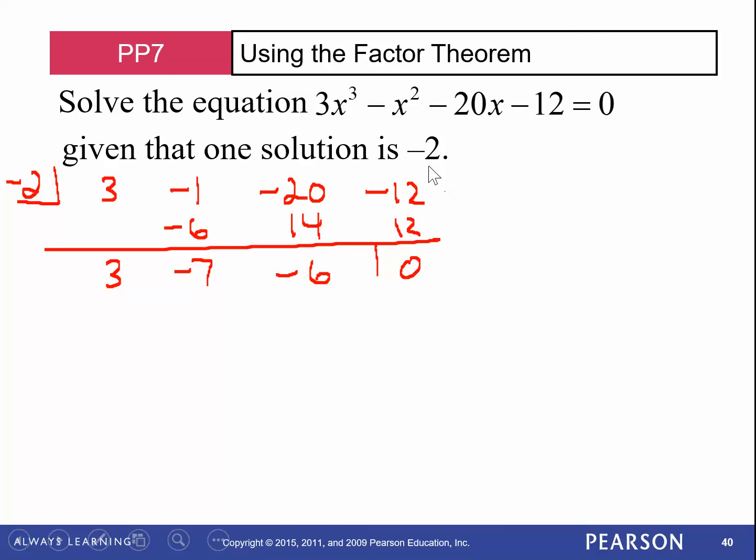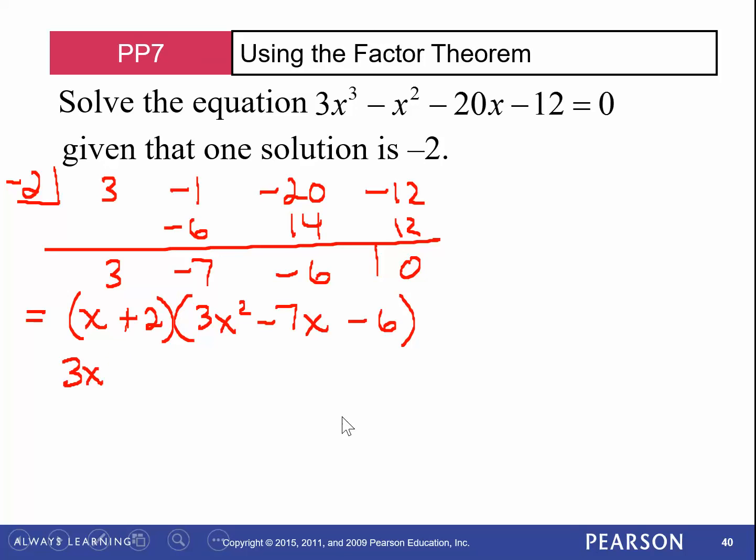So if I know that negative 2 is a solution, don't I know that x plus 2 is a factor? Now, what is my remaining polynomial that's left? 3x squared minus 7x minus 6. Perfect. Okay, now, once we got it down to x squared, can we do a little bit of factoring to finish it off?